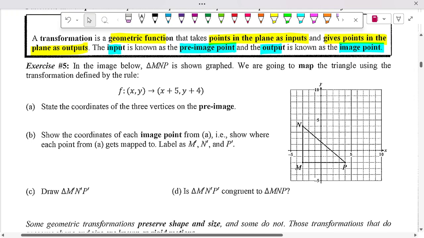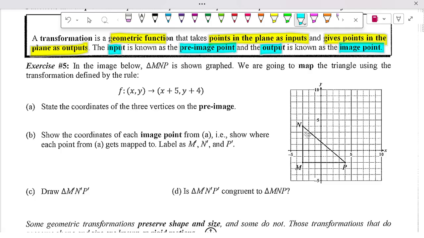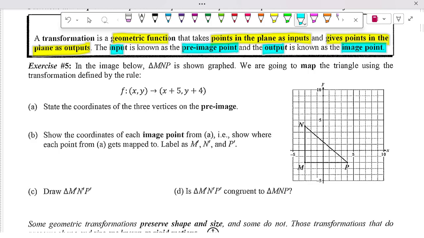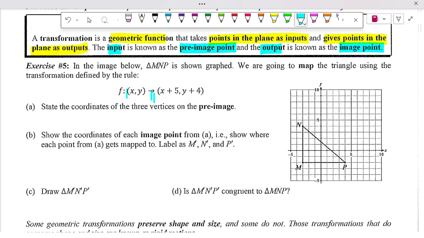So, first things first, we're going to map a transformed triangle of M, N, and P using this function rule. First off, let's state the points of the pre-image, the points that are already graphed.